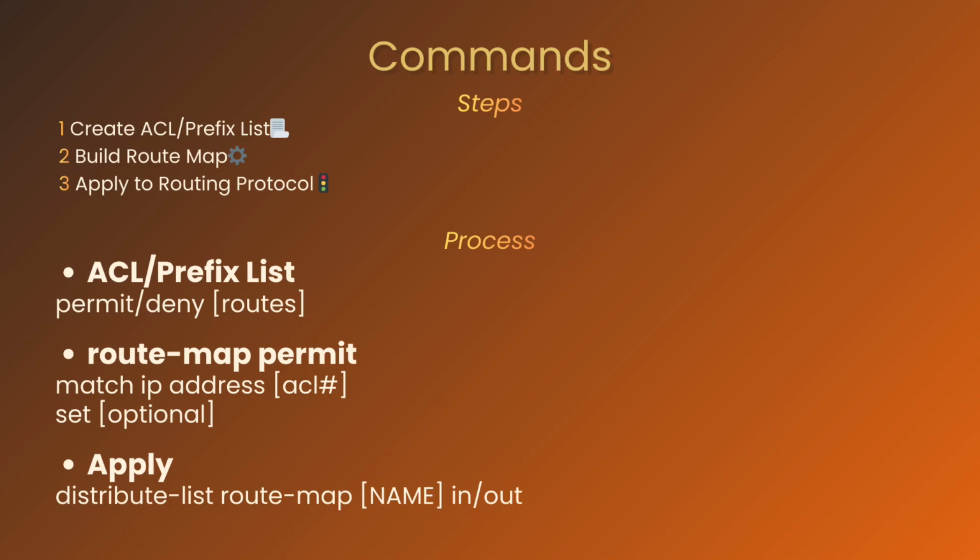You might not always use a set statement when filtering. If you just want to permit or deny routes, the match and the permit or deny are enough. And finally, once the route map is built, you apply it to a routing protocol. For example, with EIGRP: router eigrp 10, distribute-list route-map name out. These few commands form the backbone of almost every route map configuration.